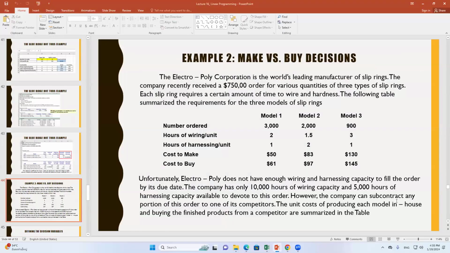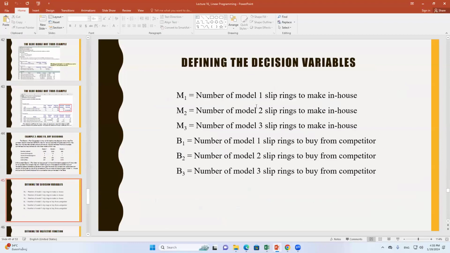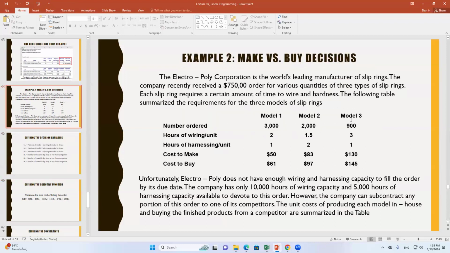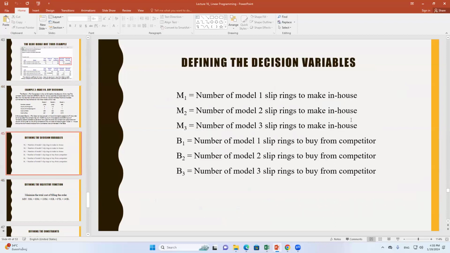And for another, we use this model. We have models 1, 2, 3, and also M1, M2, M3, the number of model 1, the number of model 2, and so on. The maximize is quite complex for this. We have 3 models and 6 parameters.